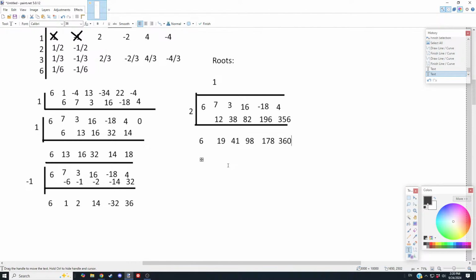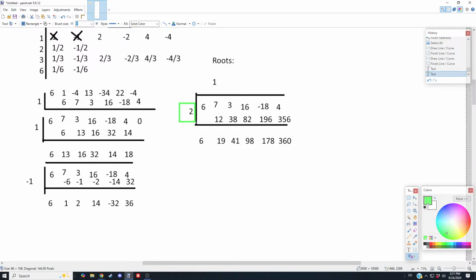So this here introduces one of our other tools. We have an upper bound theorem on synthetic division. That upper bound theorem works like this.